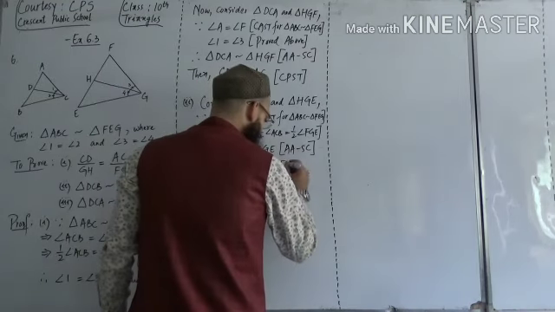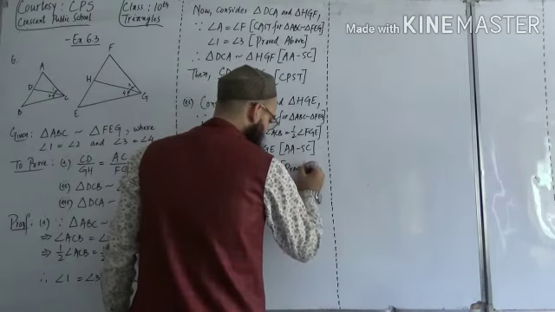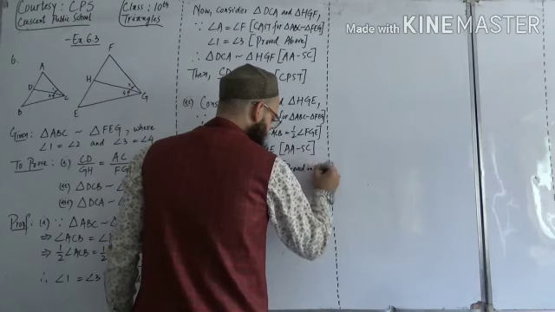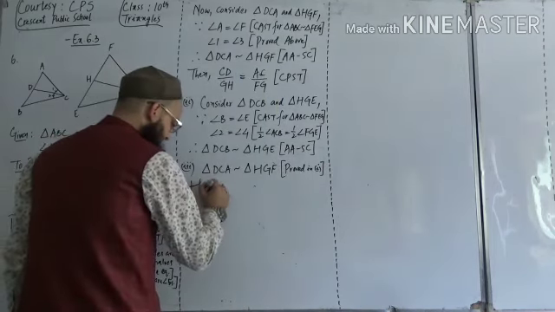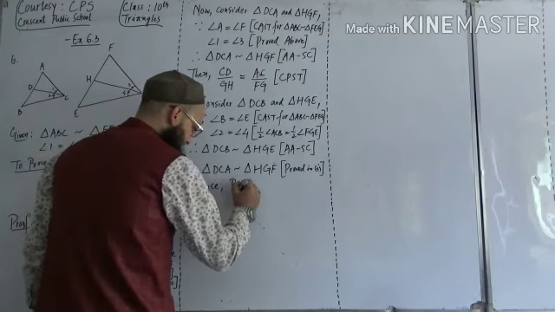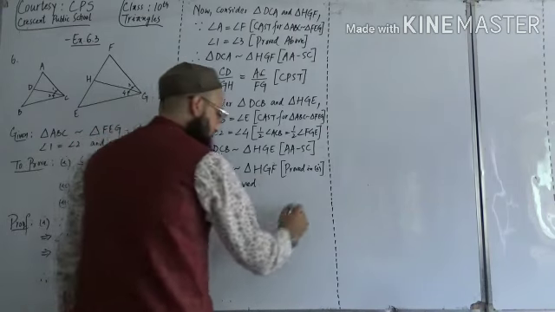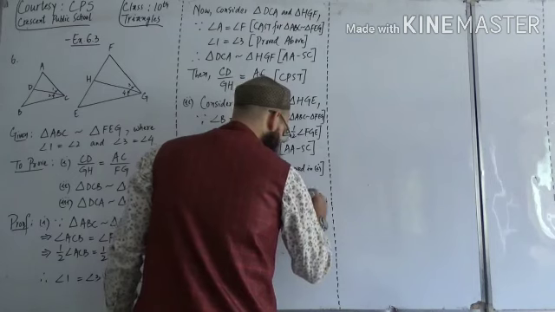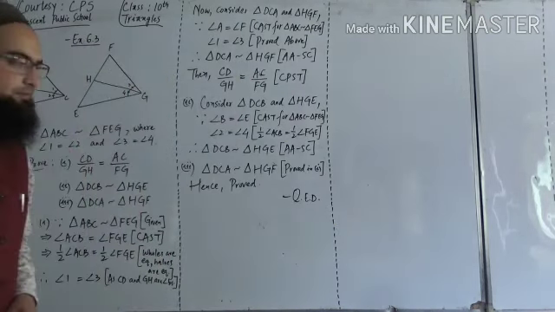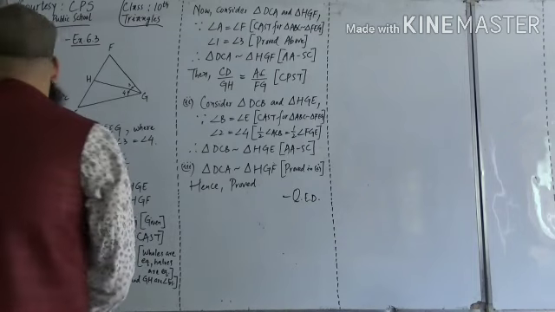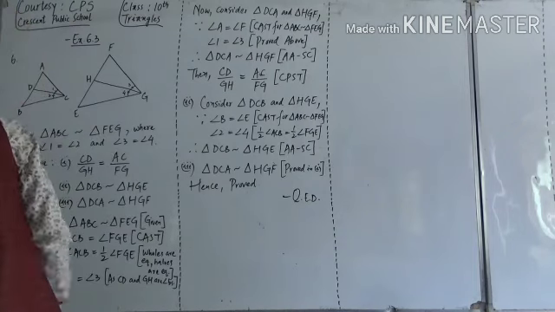You can write proved in first. So you prove all these, so hence proved, quod erat demonstrandum. You got it? Now let's have the next question.